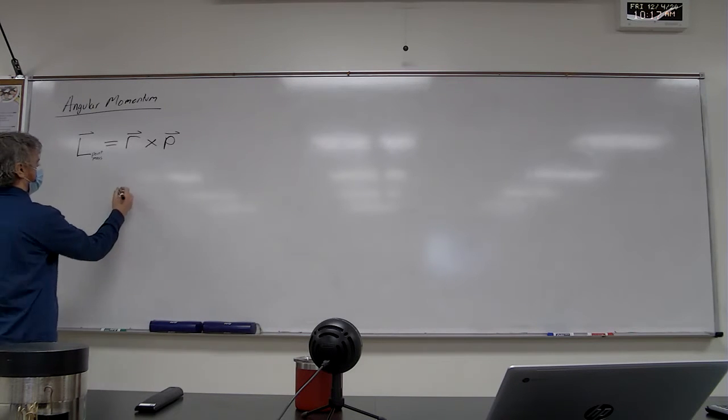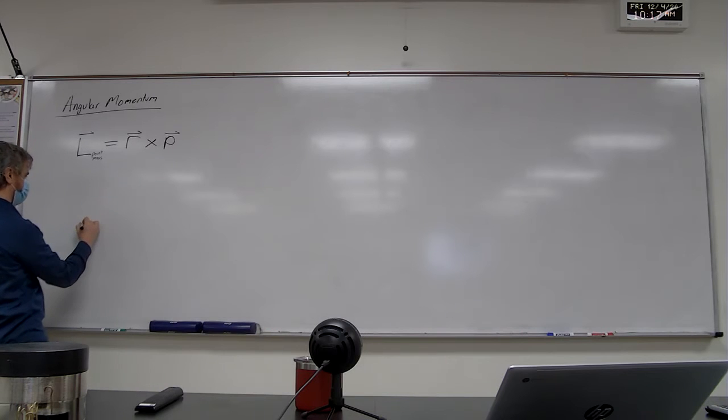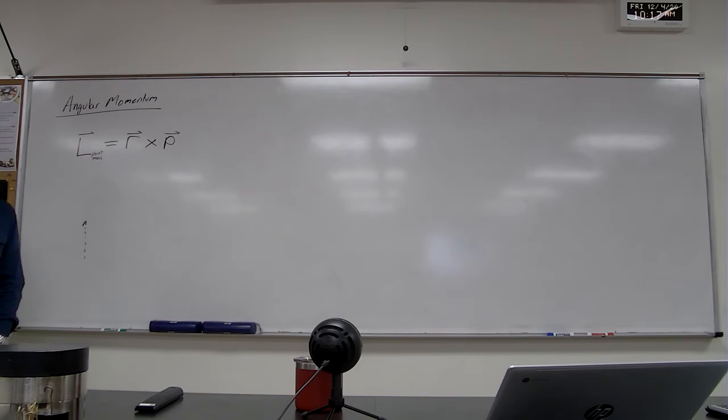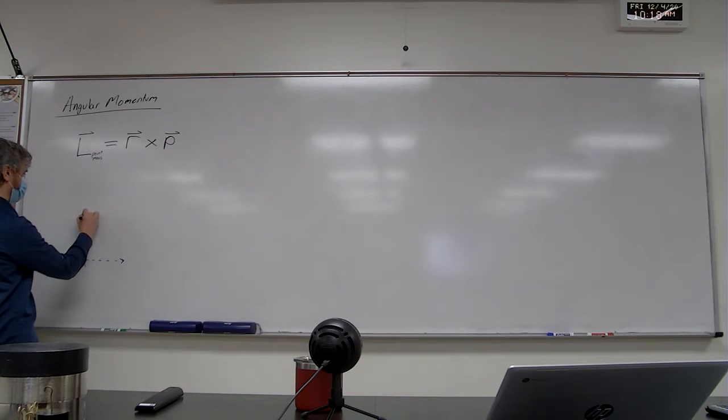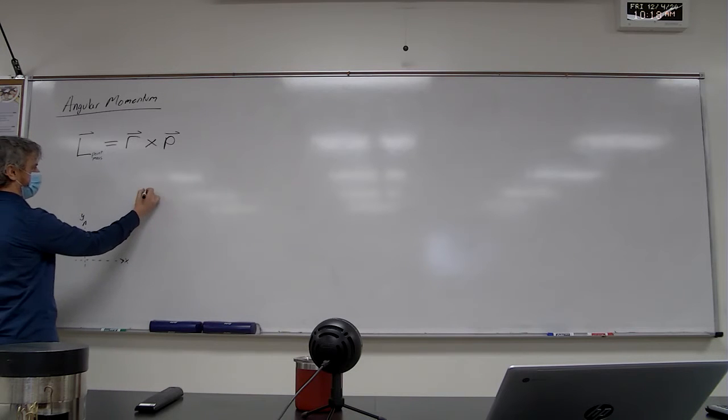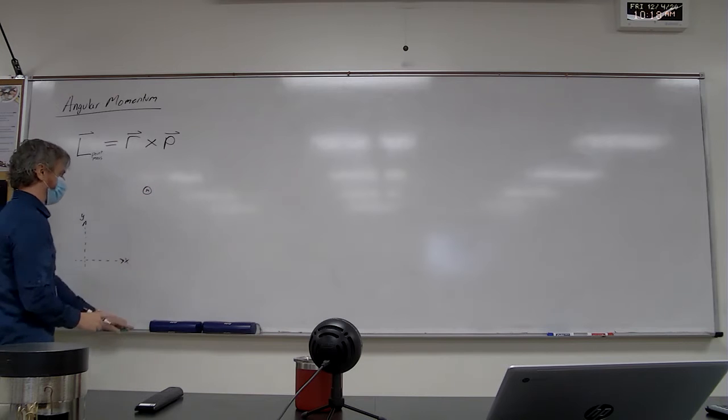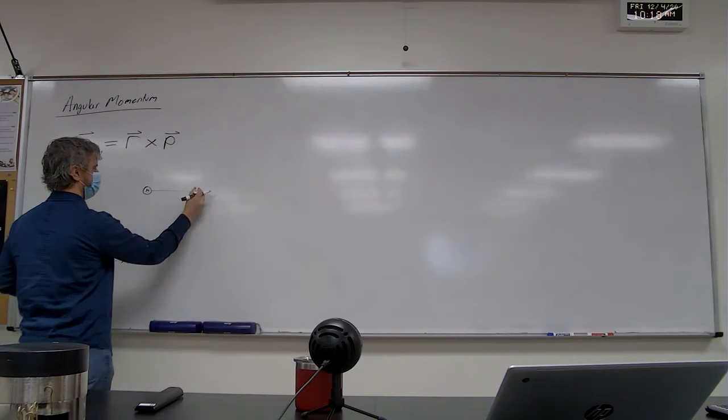And so let's just kind of look at what that might look like. Let's say I have this. You need a coordinate system, because if we're drawing a position vector, we need to reference the position of the object to some coordinate system. So let's say we have this coordinate system here. And we have a mass here that happens to be moving in this direction.